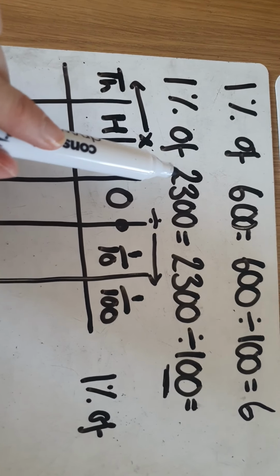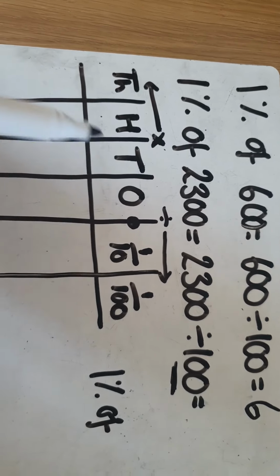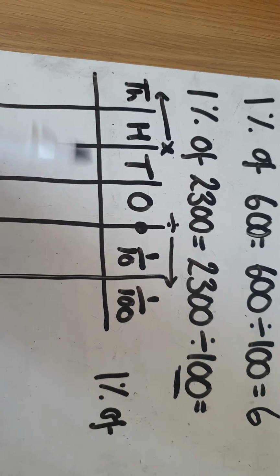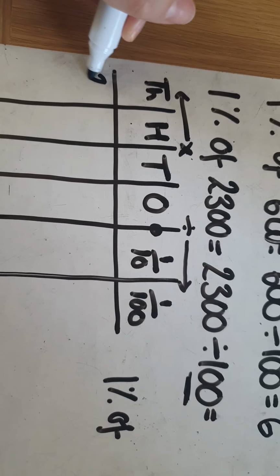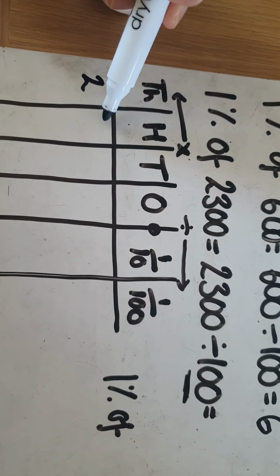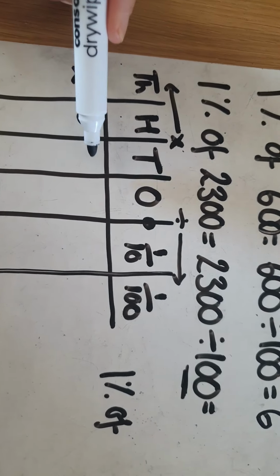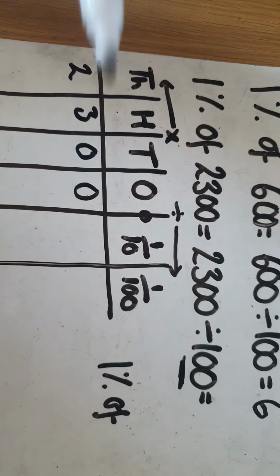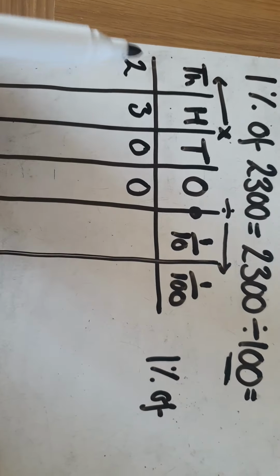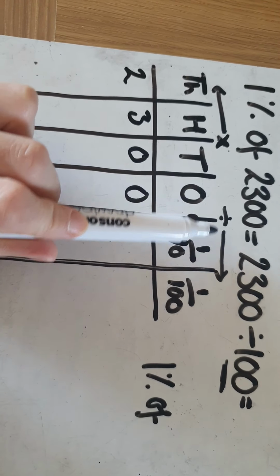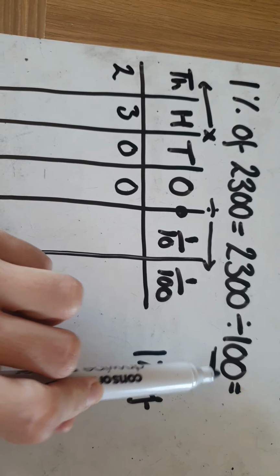So make sure your children write the whole number in the place value grid correctly. So the 2 is 2000, so I write the digit 2 in the 1000 column. 3 is 300, writing in the hundreds column, and then putting my 2 placeholders in the 10 and the ones place. Now, as I said, we're dividing, so the numbers are moving to the right. 2 placeholders, so 2 places.